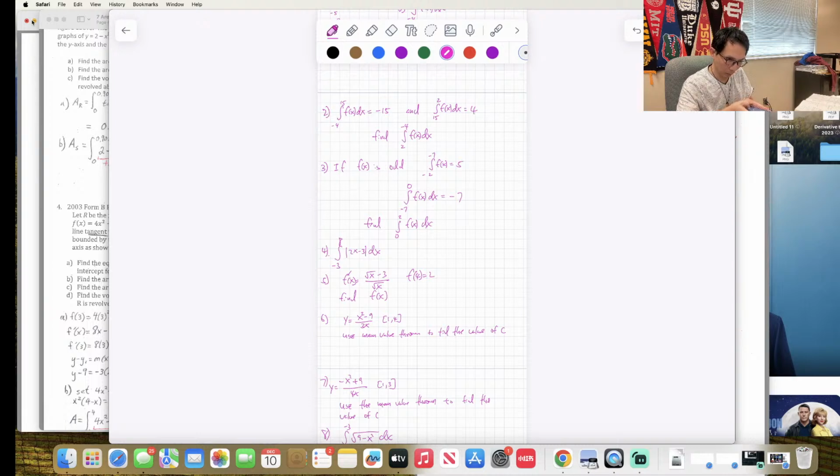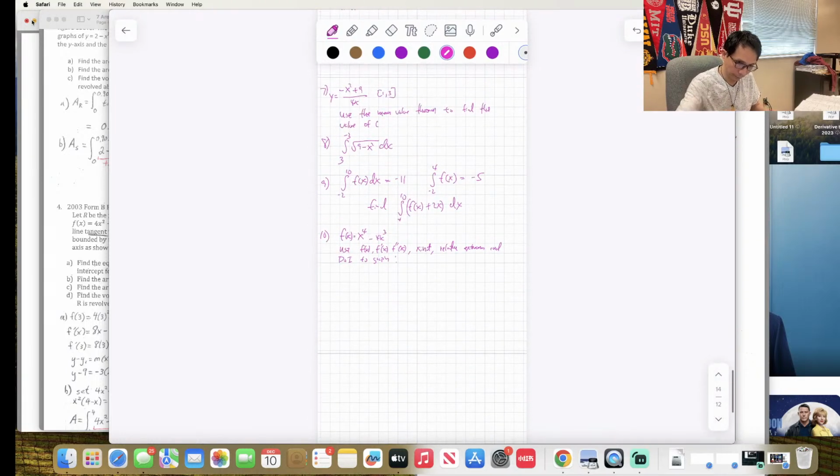Just imagine it. Oh shit. And then this is the unit. So it would. Yes.